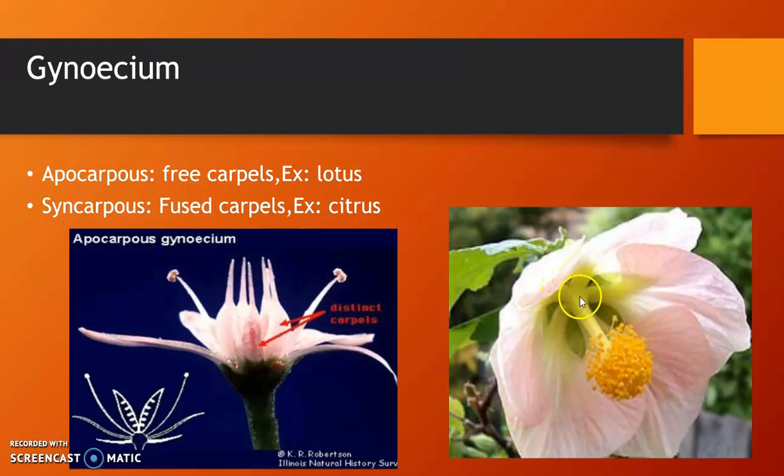And syncarpous means all the carpels are fused together. So you can see the green part, all are fused together. So if the fused carpels are present, they are said to be syncarpous, and it is seen in the citrus plant. So the apocarpous example is lotus, and the syncarpous example is citrus.